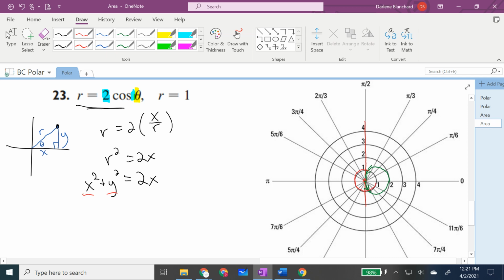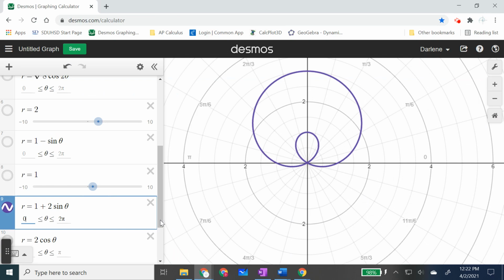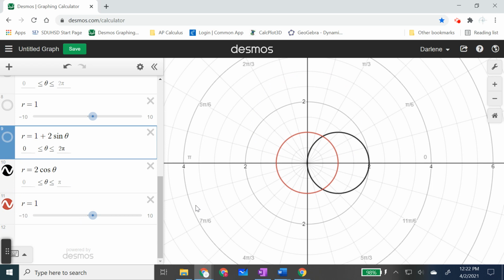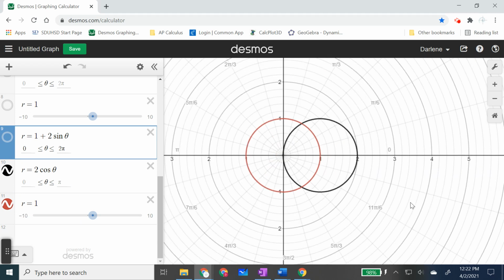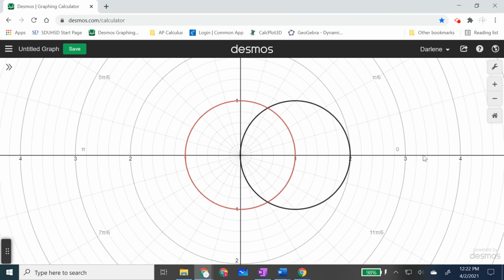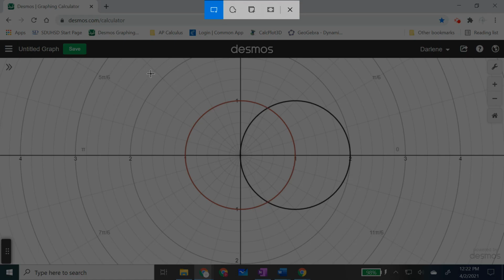Now, I'm going to bring Desmos over because we need Desmos. And let me see, that is the graph of these two right here. And I'm going to take a snapshot of that.